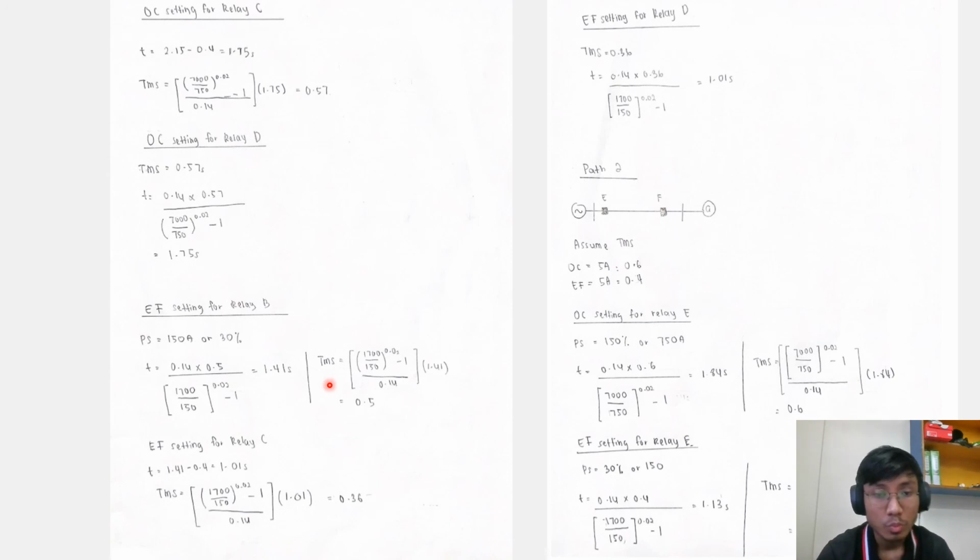We use the same formula as before to calculate the TMS, and then calculate the T for relay C and relay D.